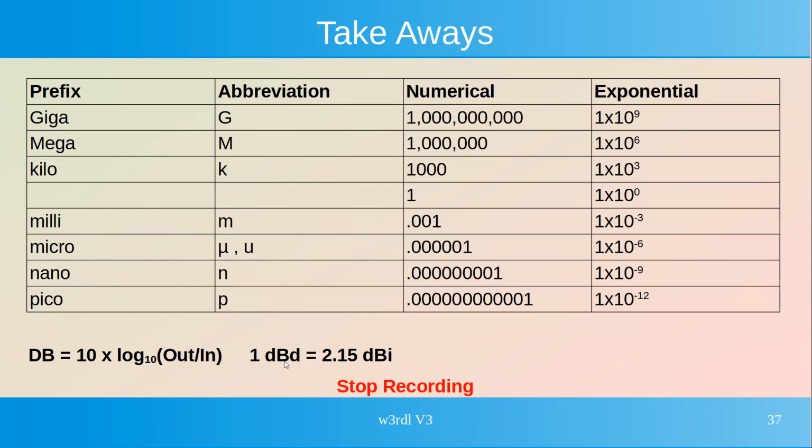The difference between a dB relative to a dipole and a dBi relative to isotropic is 2.15. So a dipole has 2.15 dB more gain than the theoretical point source antenna. Manufacturers for antennas will normally use dBi because it gets them a bigger number.